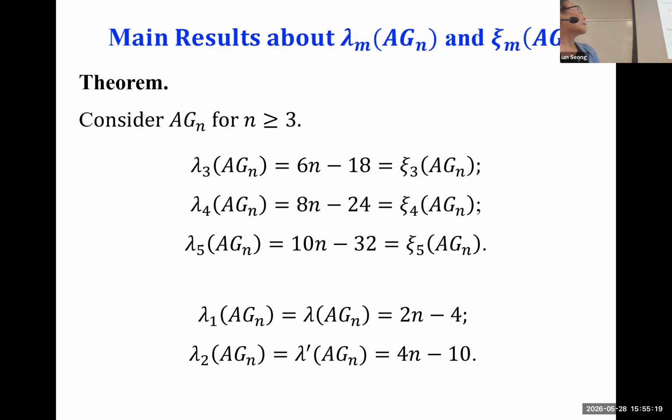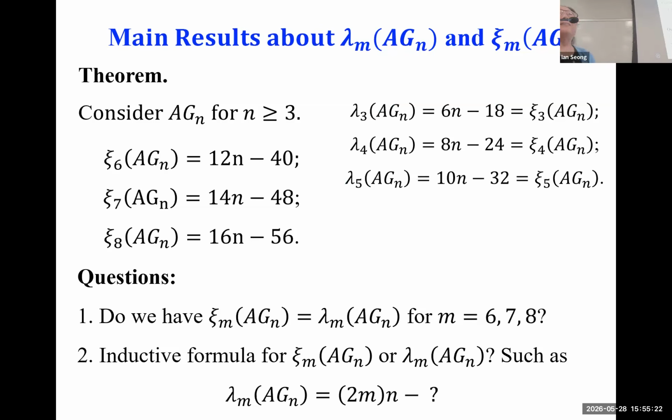And we also get C is better. We get C6, 7, 8, but we cannot prove they are equal to the lambdas. We know that lambda m is less than or equal to Cm, but we cannot prove they are equal, so this question remains. We see a good pattern here: the first part is 2m, but the minus part at the beginning has a good pattern and later gets messy.